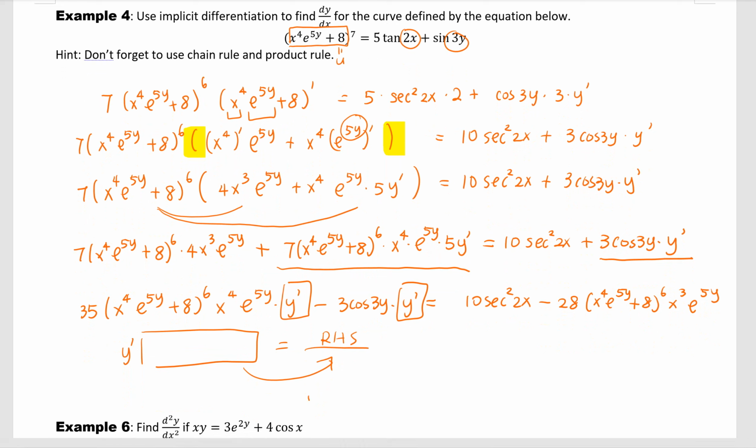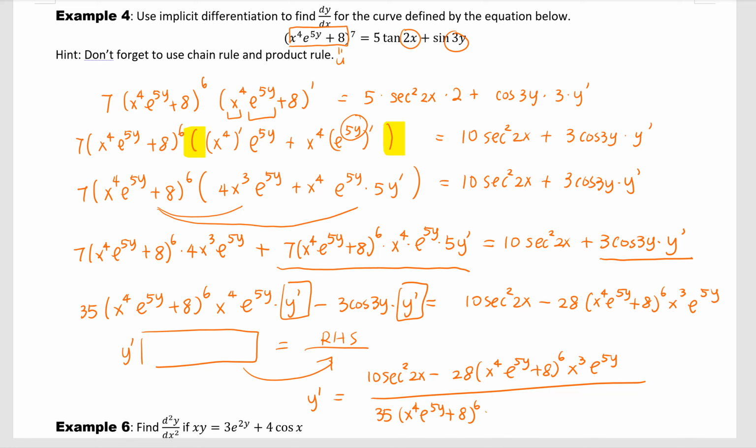So y prime is my right hand side, 10 secant squared 2x minus 28x to the 4th e to the 5y plus 8x to the 6 x cubed e to the 5y, divided by, on the left, 35x to the 4th e to the 5y plus 8x to the 6 x to the 4th e to the 5y. Because we factor out y prime, then we have minus 3 cosine 3y.